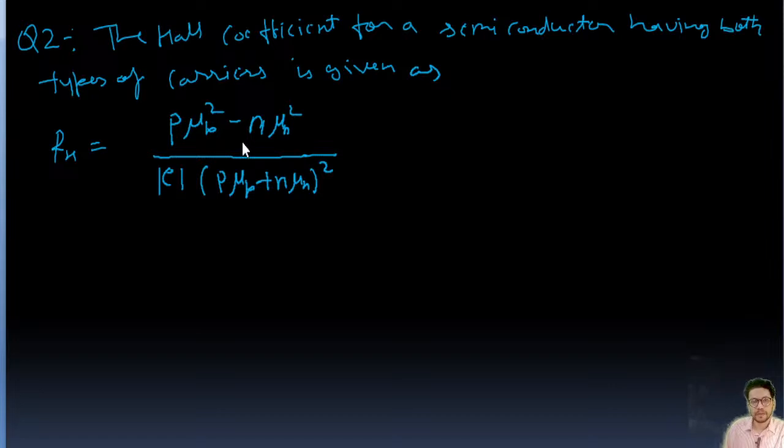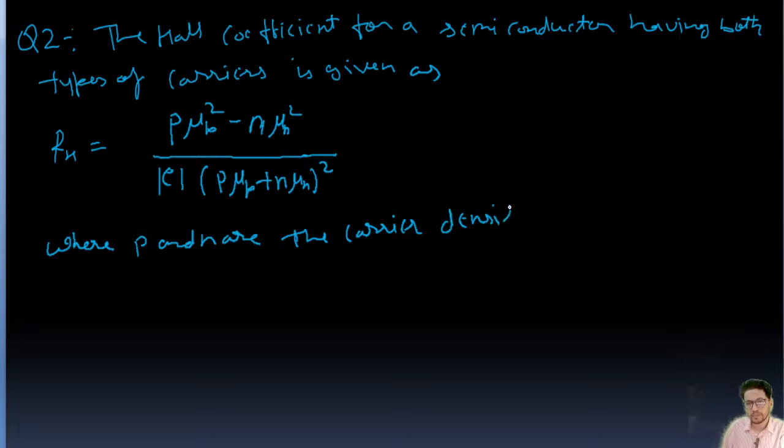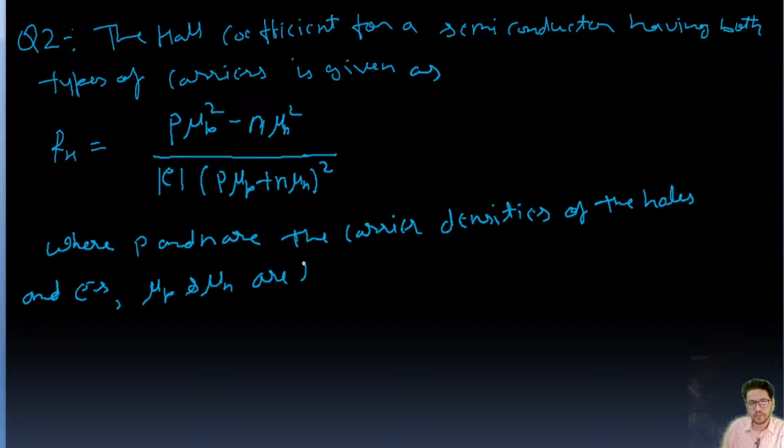This Hall coefficient is given, where P and N are the carrier densities of the holes and electrons, and mu P and mu N are their respective mobilities.